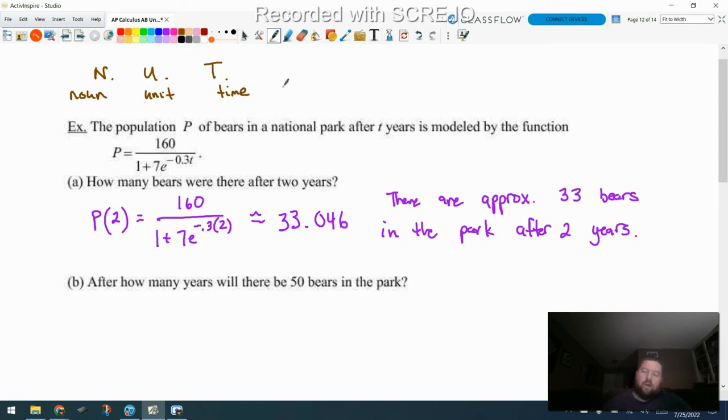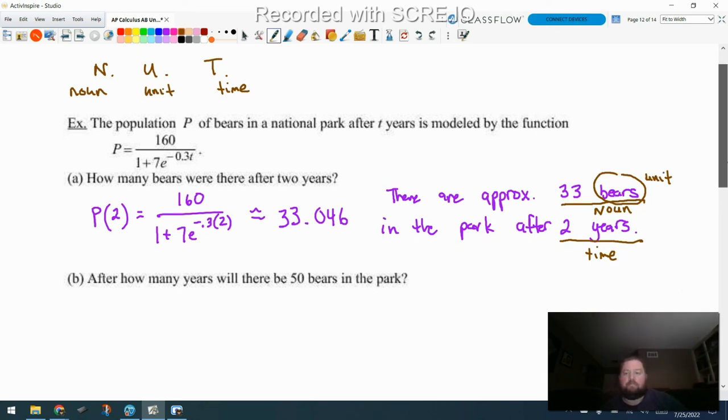So there are approximately 33 bears. All right, that's your noun. In the park after, and then bears are your units. And then 2 years is your time. So you want to have a noun, a unit, and a time in every written response.